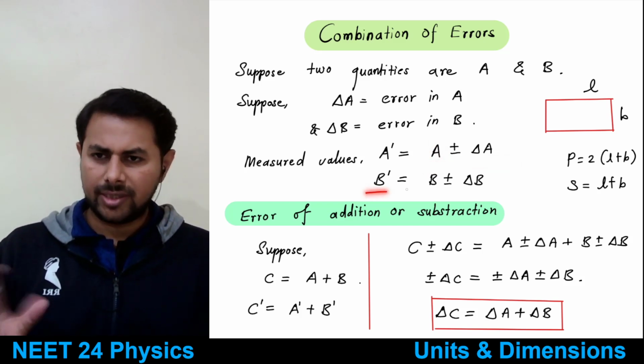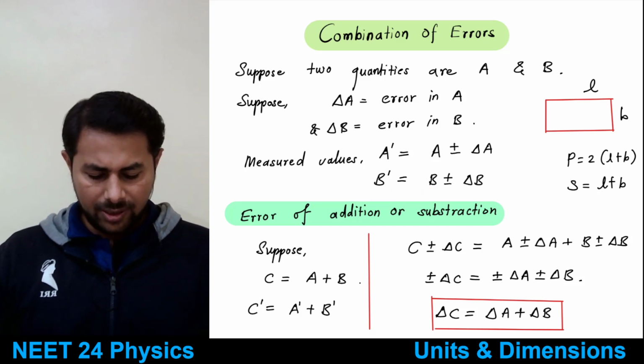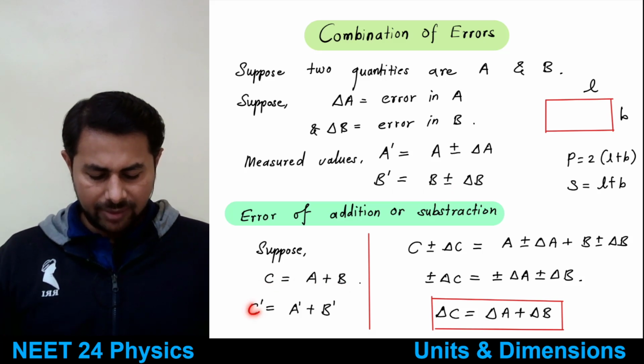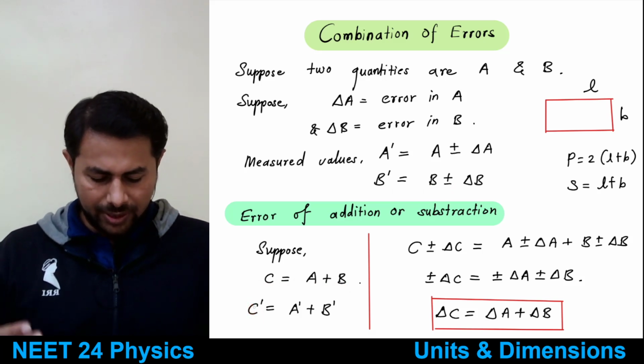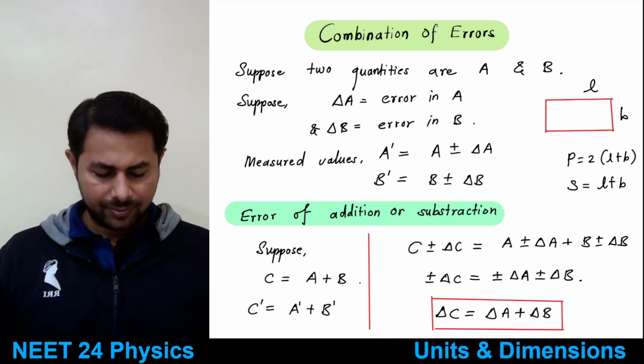Then similarly the measured value of B will be B plus minus delta B. Then suppose C is equal to A plus B, what would be the measured value of C? Let's call it C dash. C dash will be equal to A dash plus B dash.